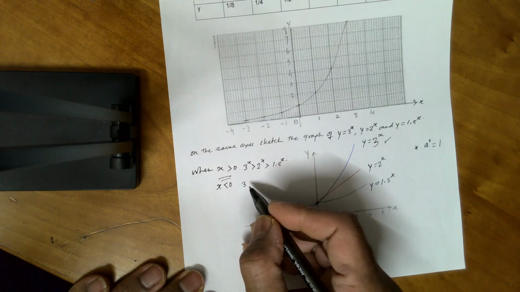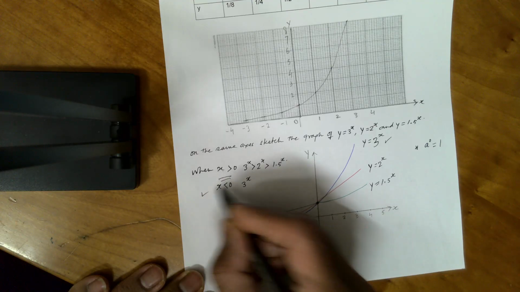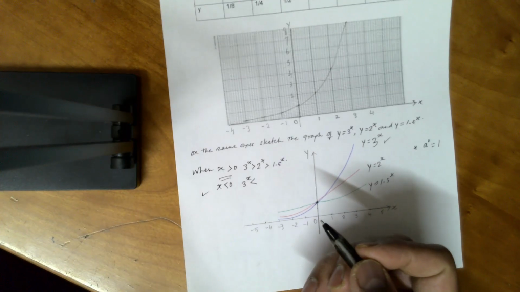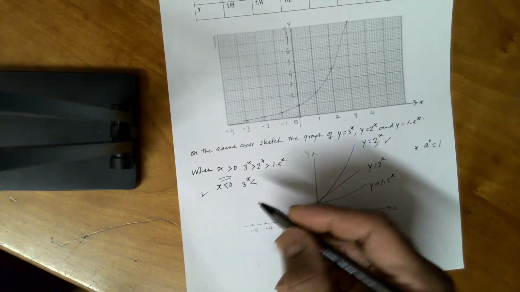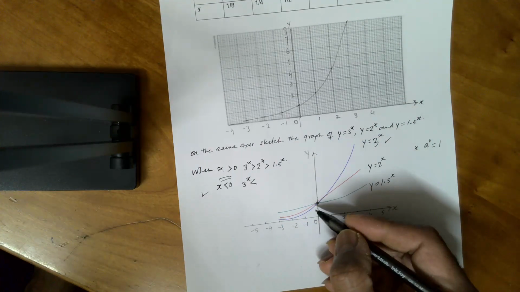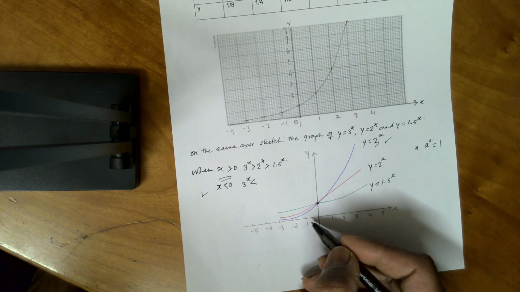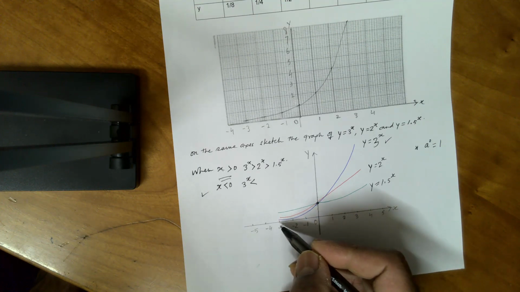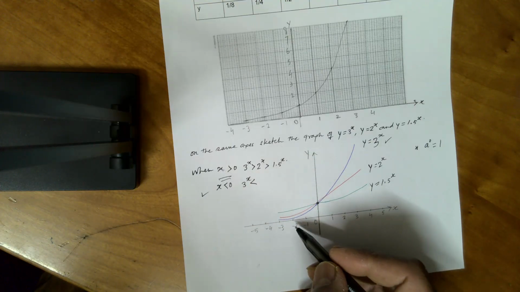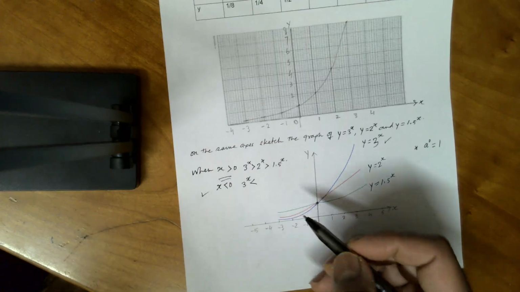So in this way, what will happen? The value of y now reverses. Like here, it is very close to your x-axis. Less value of your y than the next one, and then the next.